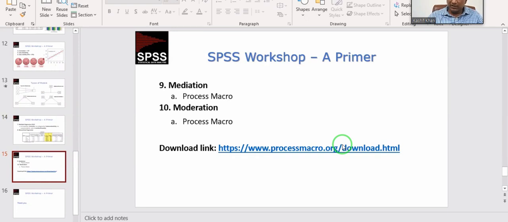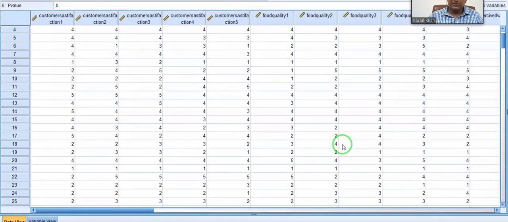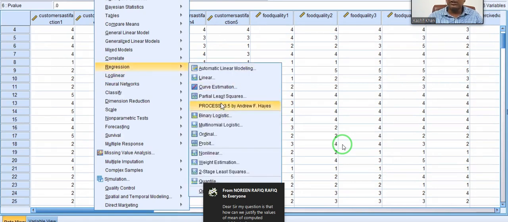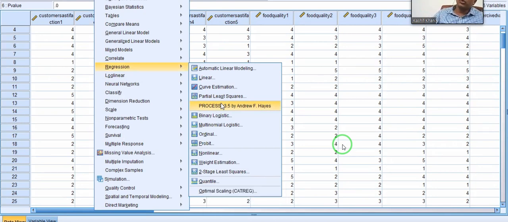Let me go back to my SPSS and show you what I've done. Look here, under Analyze, I've installed an extra software called Process Macro. It's free. You can download it from the link I've given, and the website will show you how to install it.